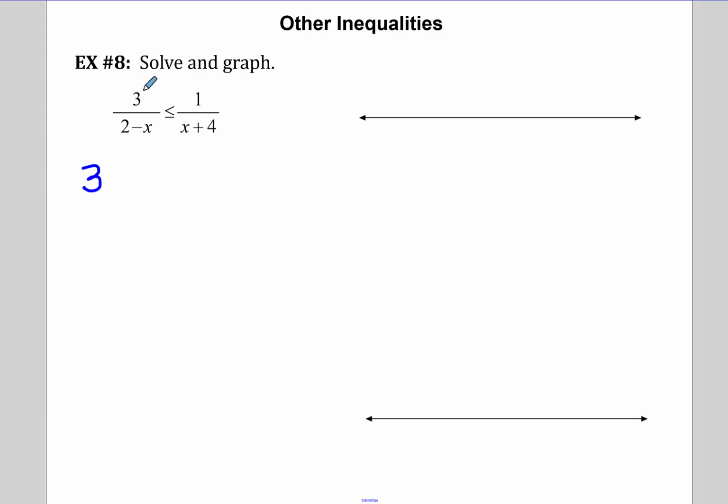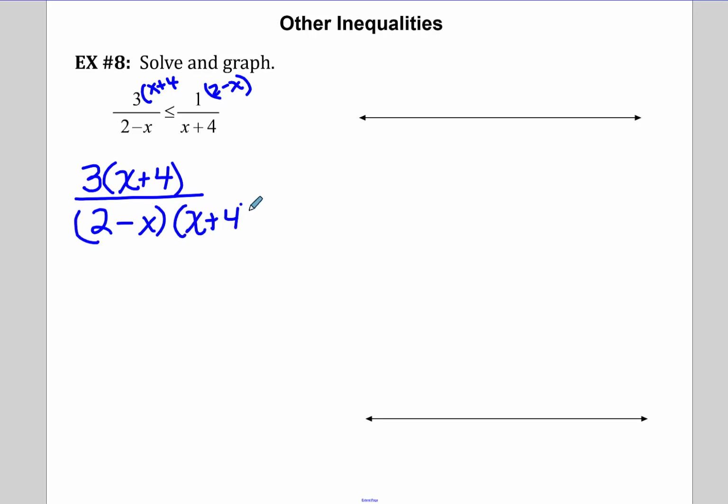So this term, the 3 needs an x plus 4, and the 1 needs a 2 minus x. You follow along with that? So we've got 3 times x plus 4 divided by 2 minus x times x plus 4.